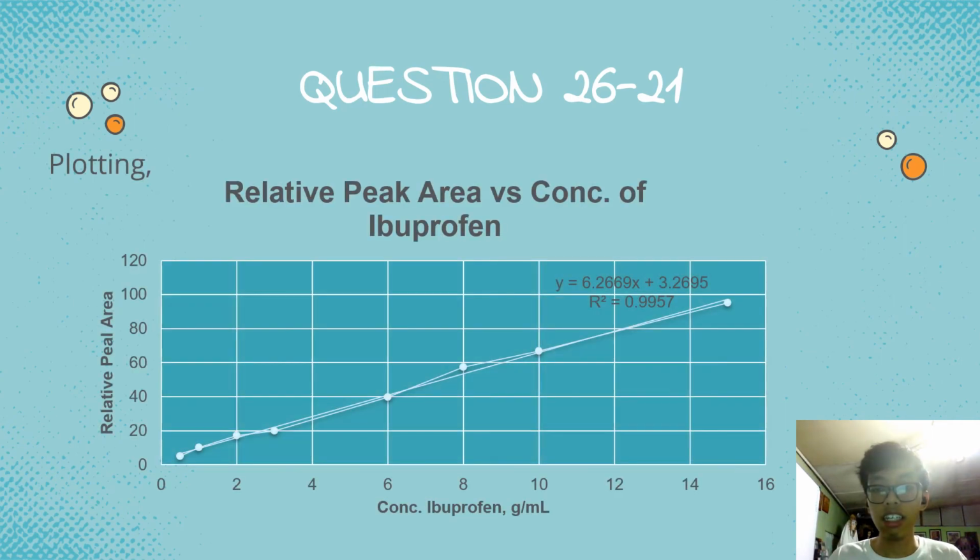So plotting, it gives us this graph here, and the equation of the line is y = 6.2669x + 3.2695. This is the equation of the line that we will be using as a reference to determine the concentration of the ibuprofen at the blood samples taken at different hours.